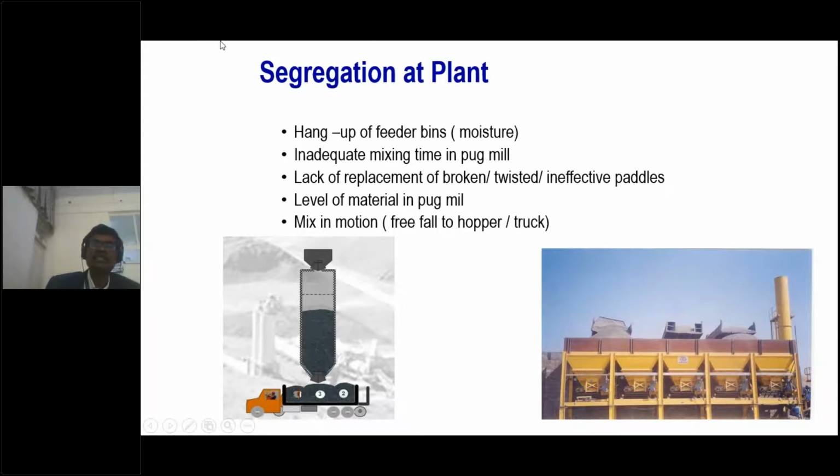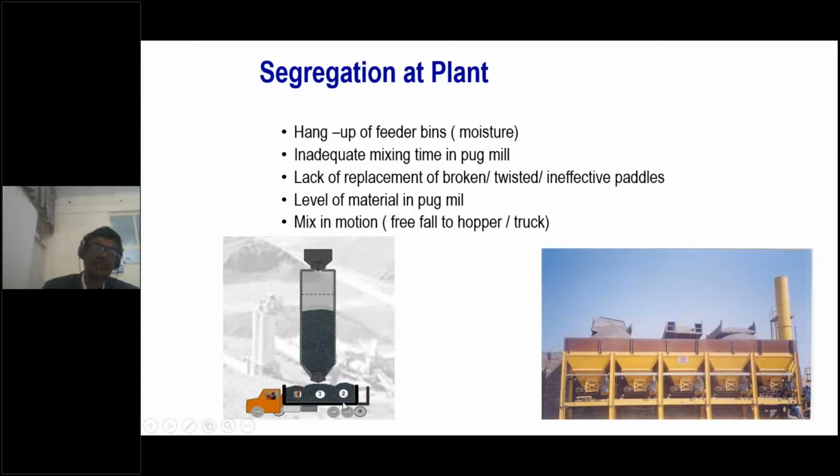That's one. And this segregation can happen like that, and the feeder bins are not full, empty, and pug mill we don't mix for most of the time, and not loaded properly, or we use ineffective blades, twisted blades, worn out plates, right?